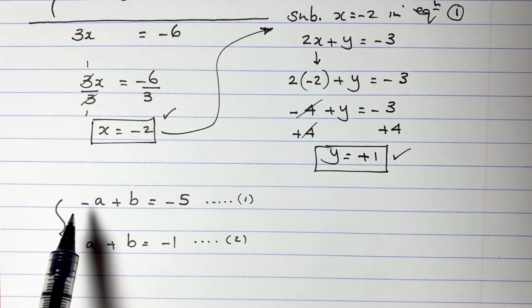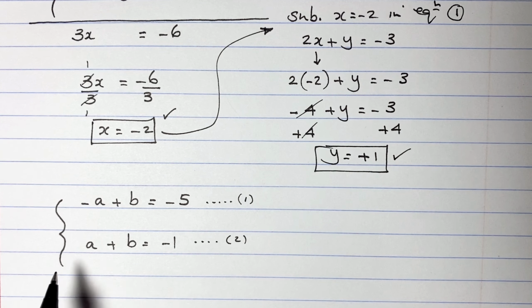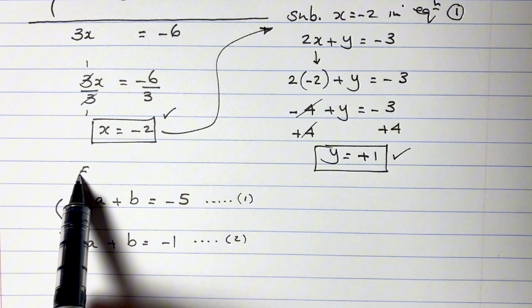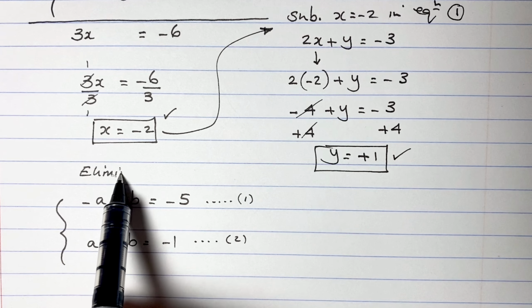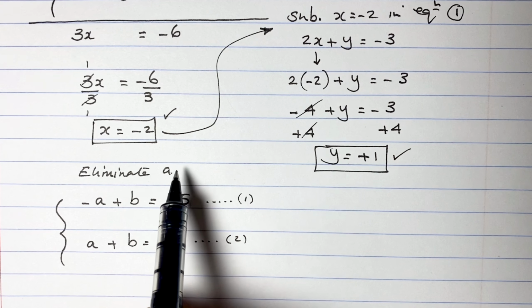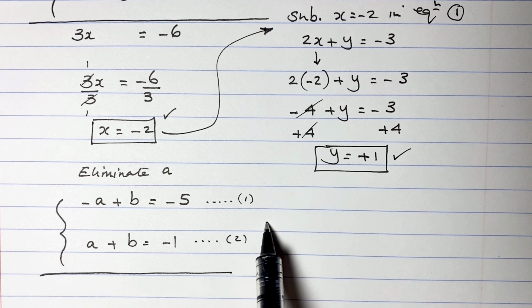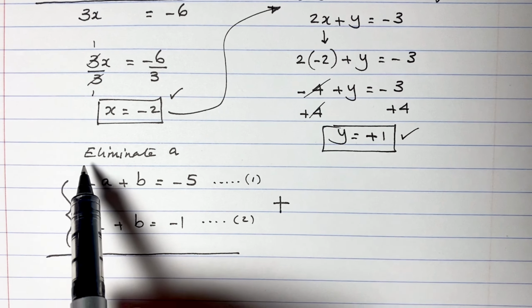I would go and eliminate a, because by adding, minus a and a will disappear. So I would say eliminate letter a. Add them together, add column by column.